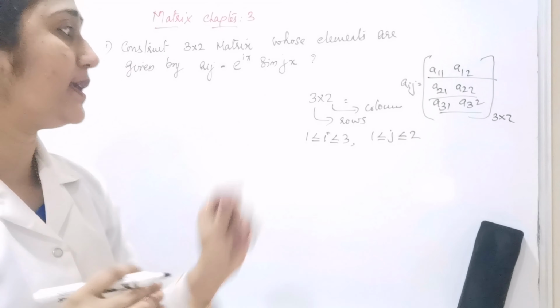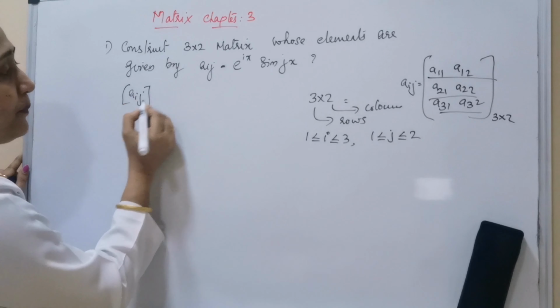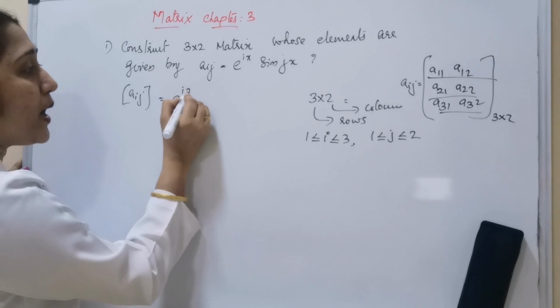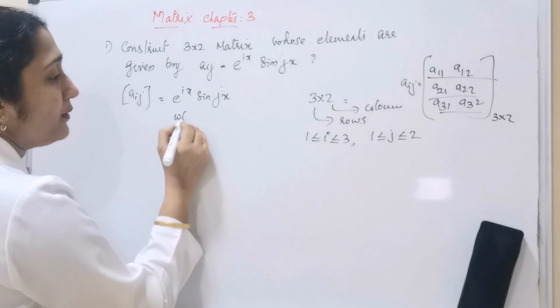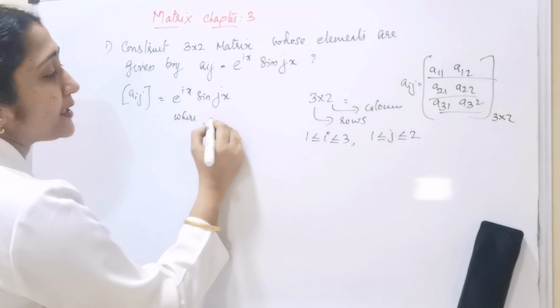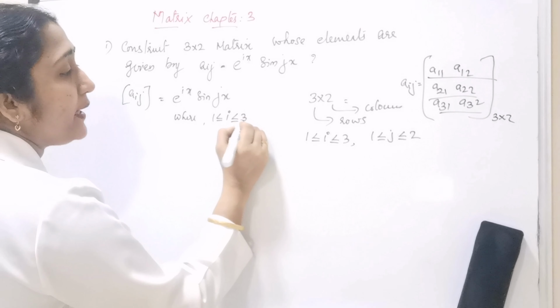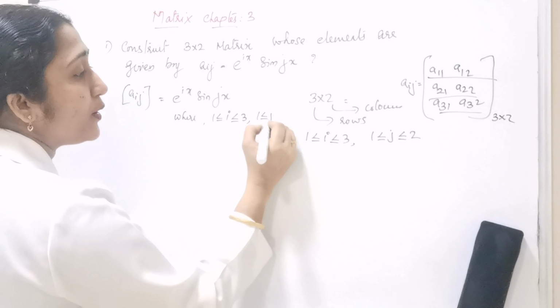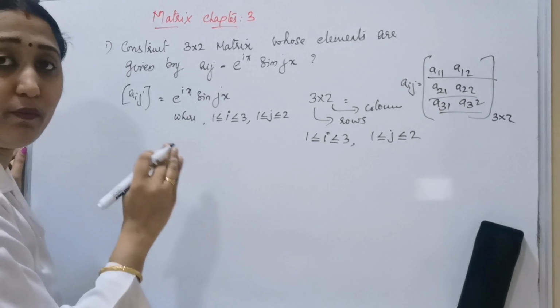Here Aij is equal to e raised to ix sin jx, where 1 less than or equal to i less than or equal to 3 and 1 less than or equal to j less than or equal to 2. This is the condition. Let us do it one by one.